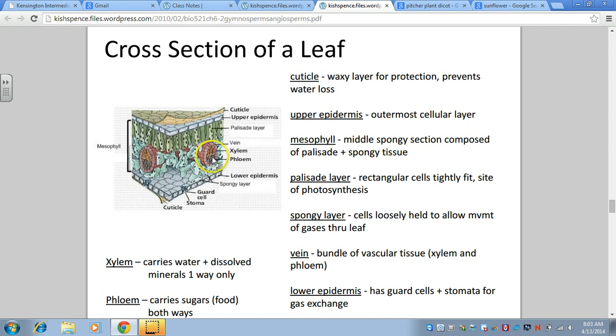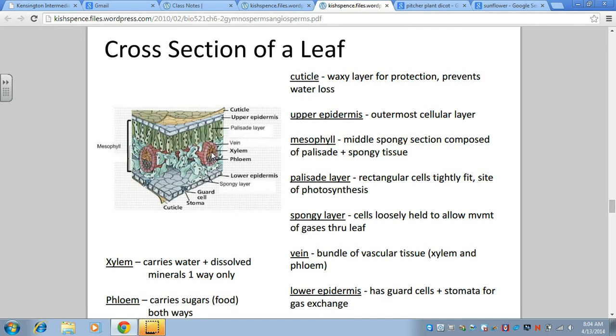But you should know what each carries. Okay, so xylem is the conducting tissue that carries water, and it only carries it in one direction. It carries it up from the roots up towards the top parts of the plant. Okay, so it carries water and dissolved minerals upwards.